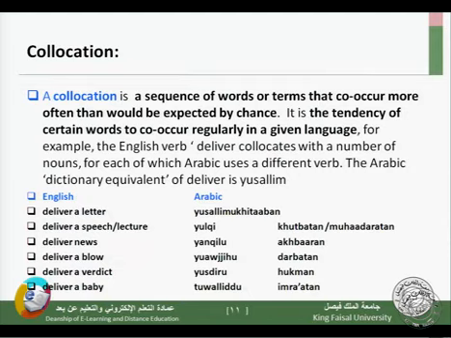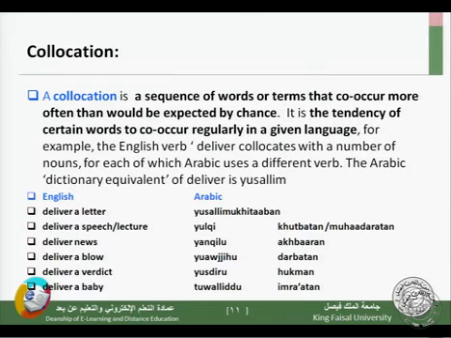Look, for instance, at an example. The English verb deliver collocates with a number of nouns, for each of which Arabic uses a different verb. I've given you a comparison between English and Arabic, and you see the type of collocates Arabic uses and the type of collocates English uses.